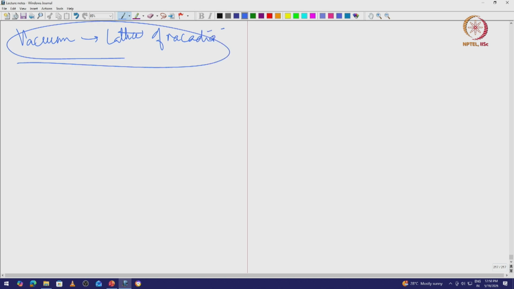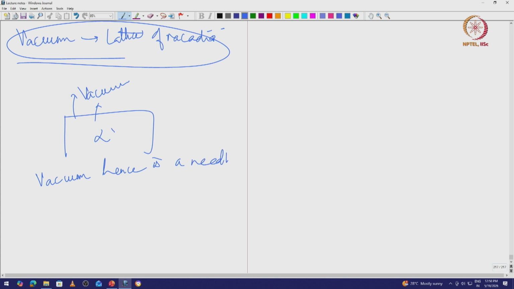It is difficult to put so much platinum in the vacuum. So if alpha phase is platinum and beta is vacuum, some platinum can go, but since this is vacuum, I can't really put a lot of platinum in it. I am restricted by the partial pressure of platinum that I can put, essentially. So vacuum hence is a needle compound, which is rich in X2, 2 being the Vacadium.